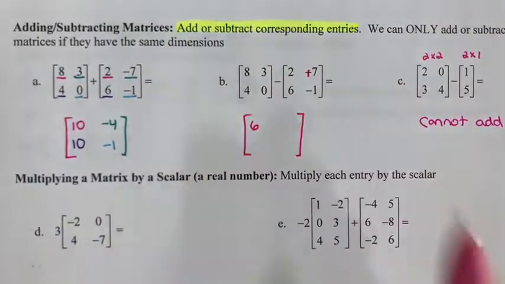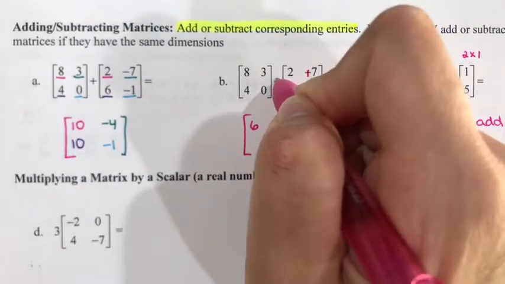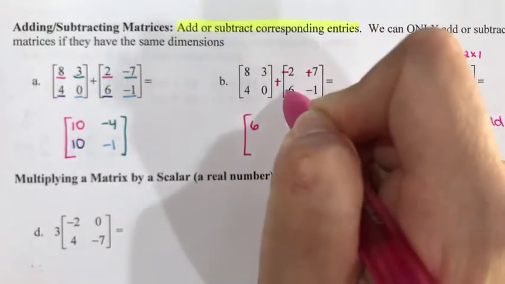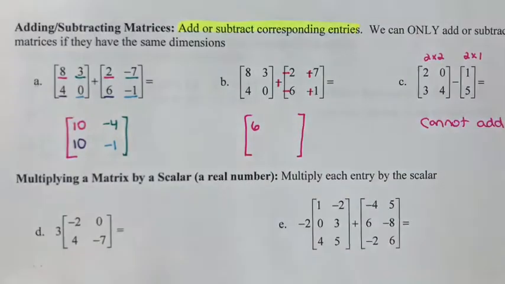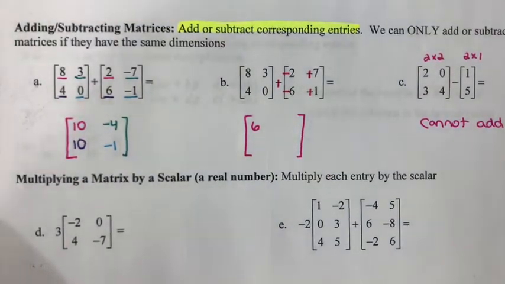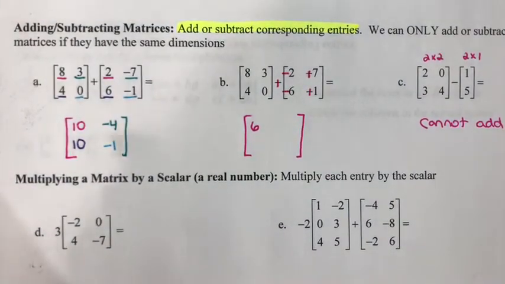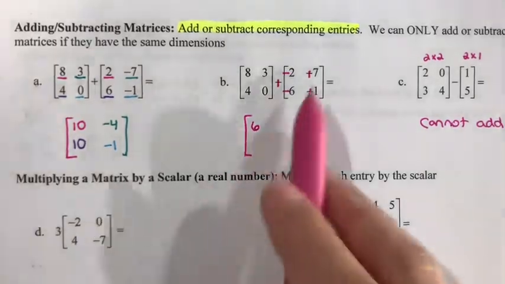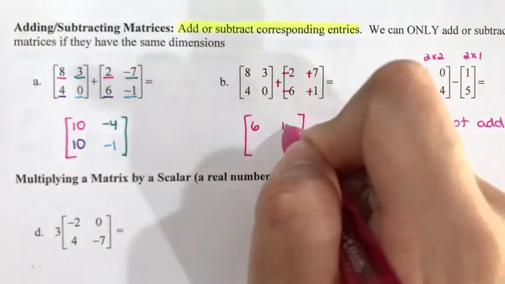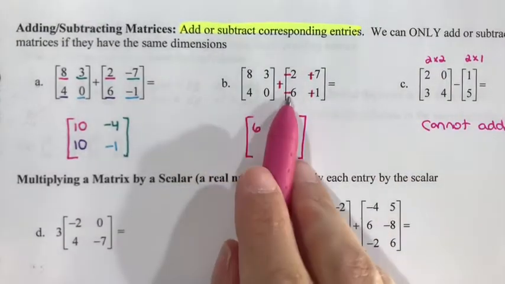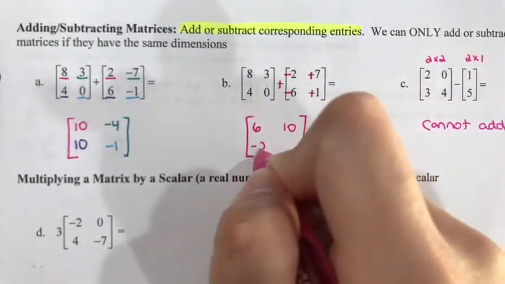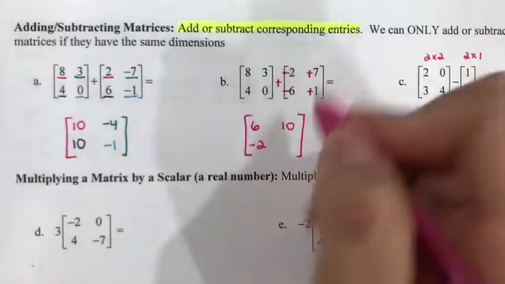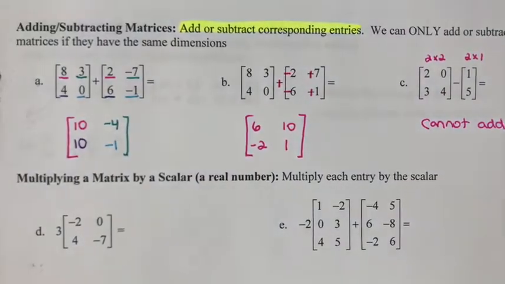What you could do here is actually change this to a plus and then change all of the signs to be the opposite. That actually makes it a little bit easier. You don't have to worry so much about the subtraction. You're now switching it to addition. So now I've got 10. 4 plus -6 is -2. 0 plus 1 is 1.